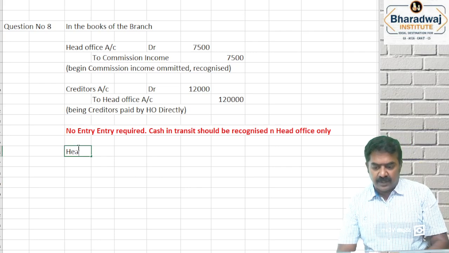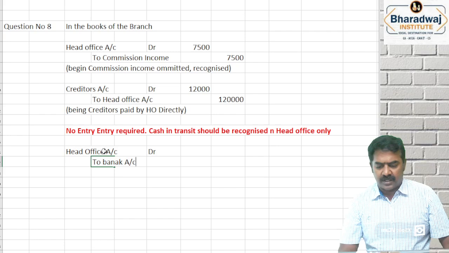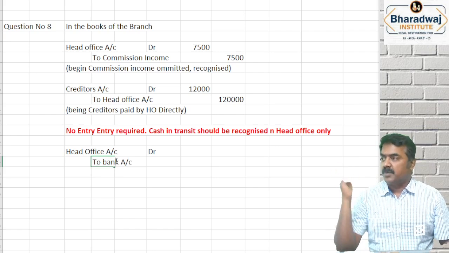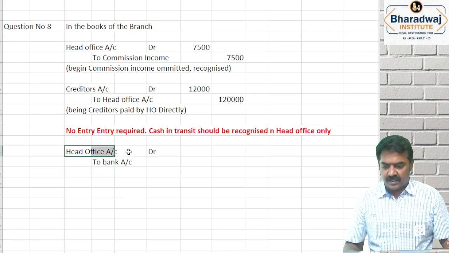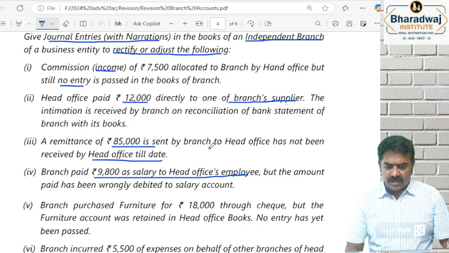We should have passed the entry: head office account debtor to bank account. Why? We are not paying our own employees' salary, but the head office employees' salary. Instead of passing this entry, what is the wrong entry they passed?